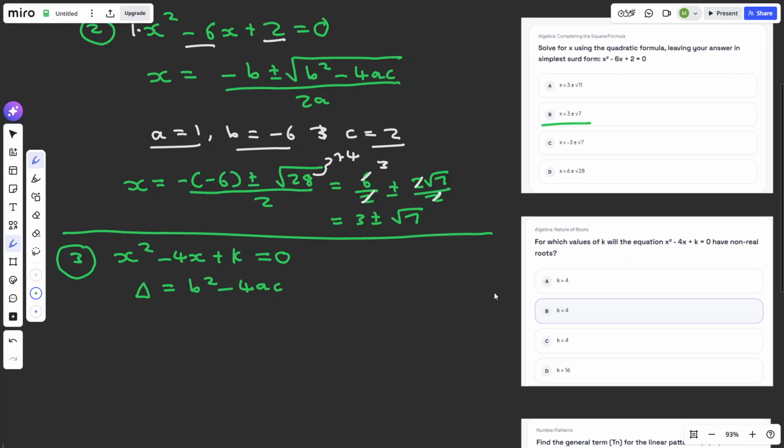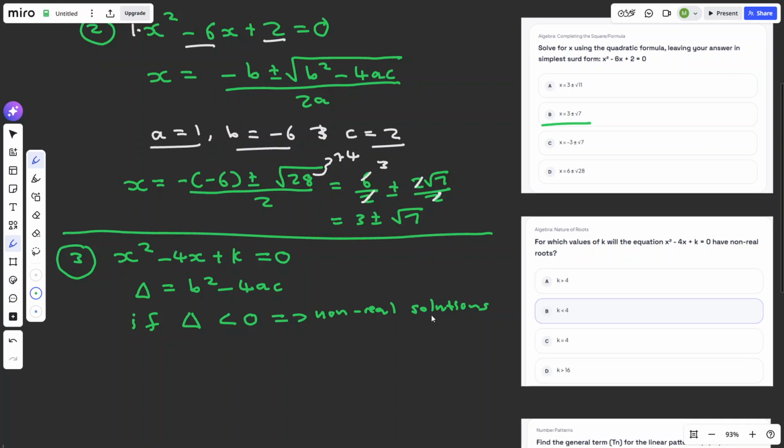For this particular case, if the discriminant is less than 0, we can then conclude that we would have non-real solutions. Now we just want to find values of k, not a particular value, just a range of values. So now we can do that.